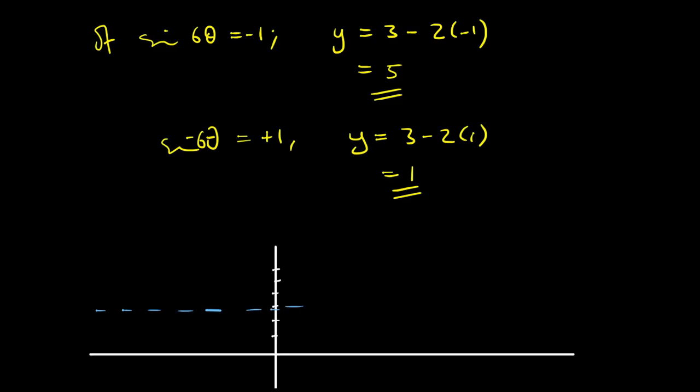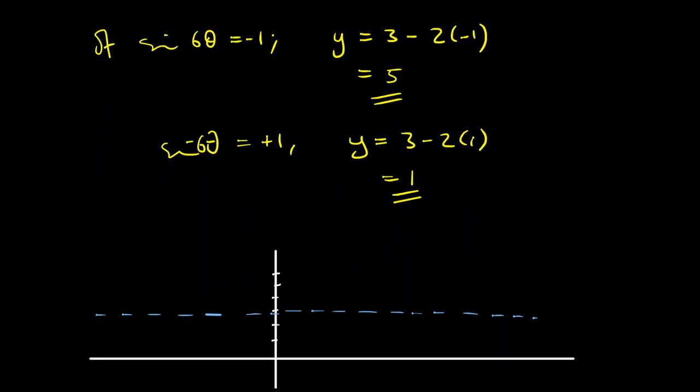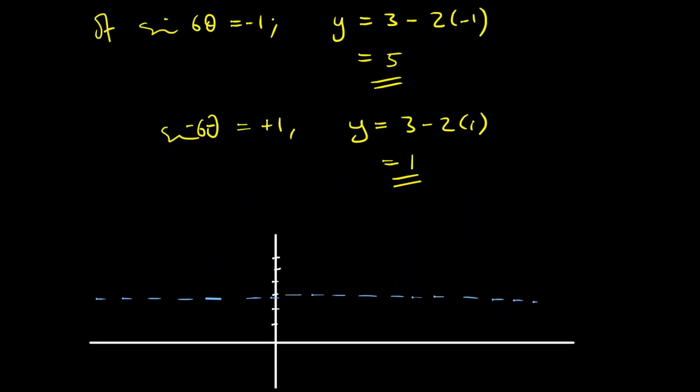So here's our center line. And the graph is going to oscillate with an amplitude of 2. So it's going to go up to positive 5, isn't it? Because here's 3. And it's going to go down to positive 1. So our graph goes up to there at its maximum point, and down to there at its lowest point.